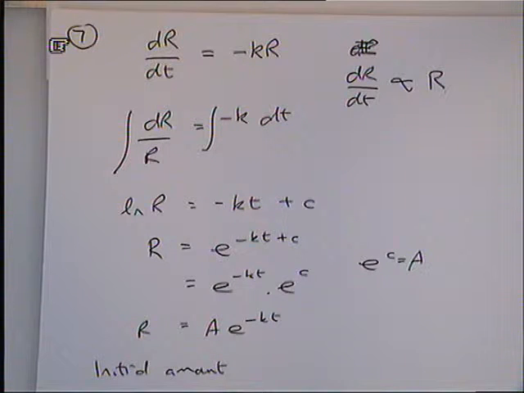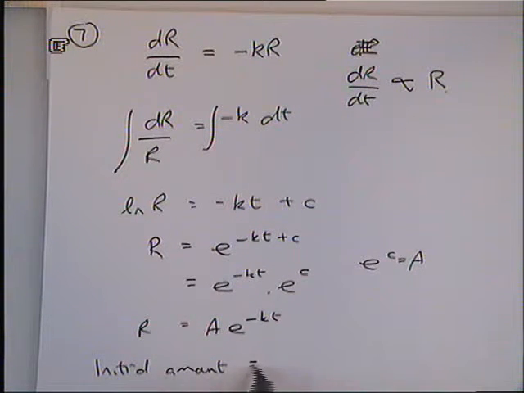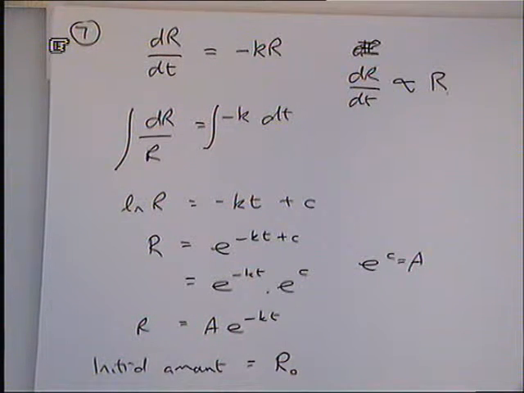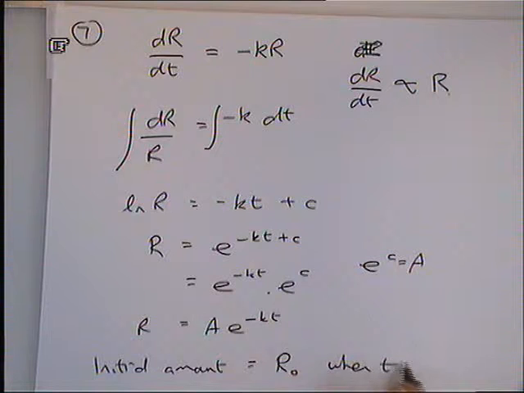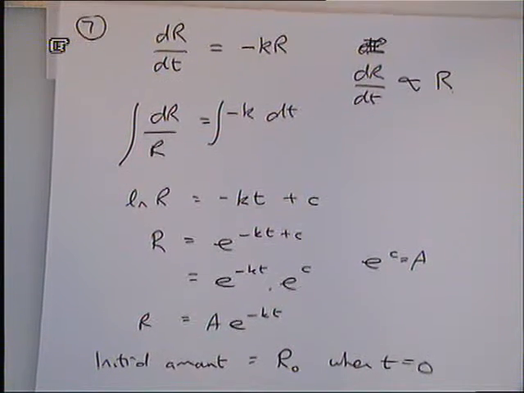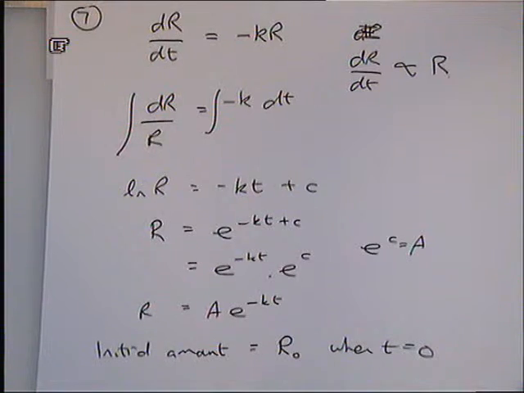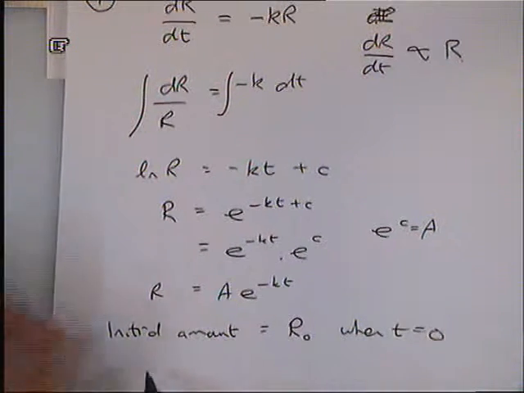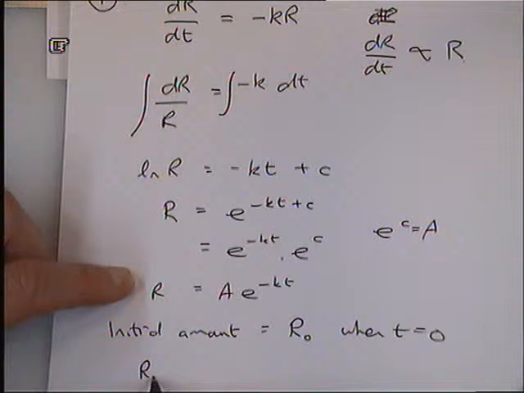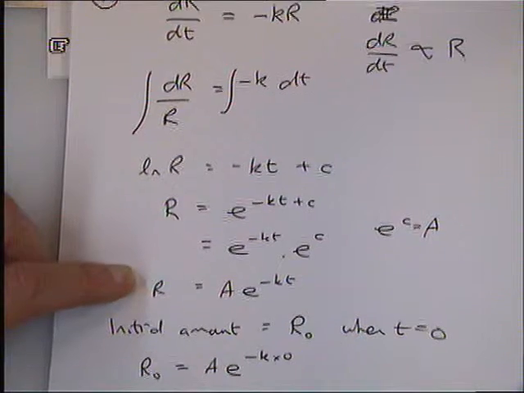But the way the model solution to this question was, let's say the initial amount of radioactivity, let's call it R0. And that will be when time is 0. So they said let the initial amount be R0 when time is 0. And if you substitute that in your equation, you get R0 equals A e to the minus k times 0.